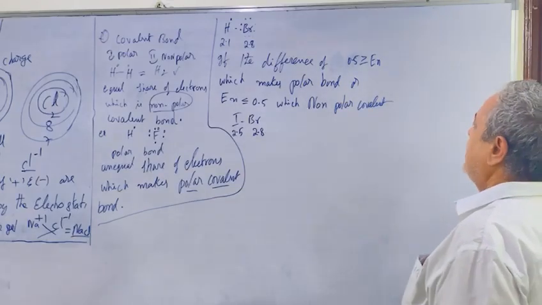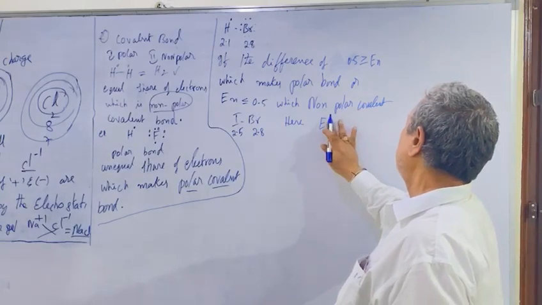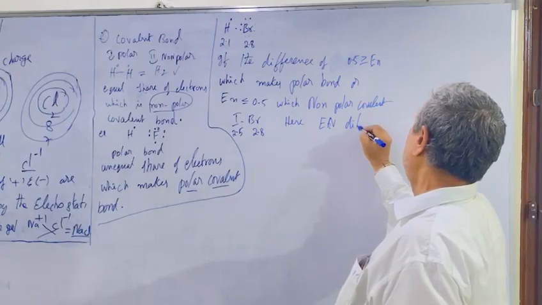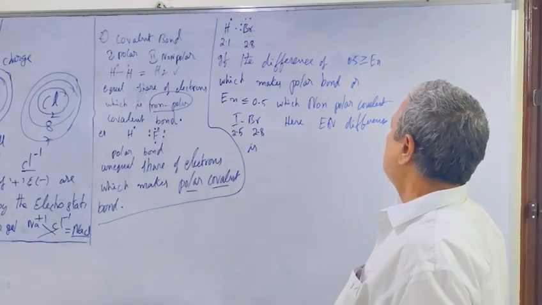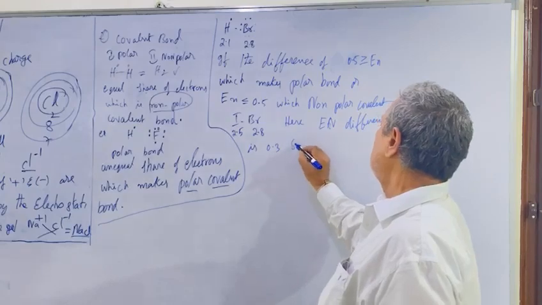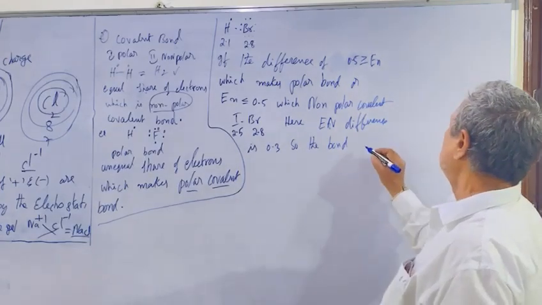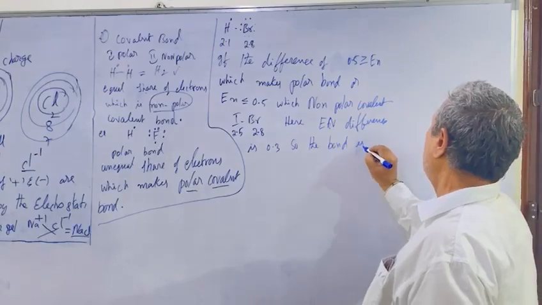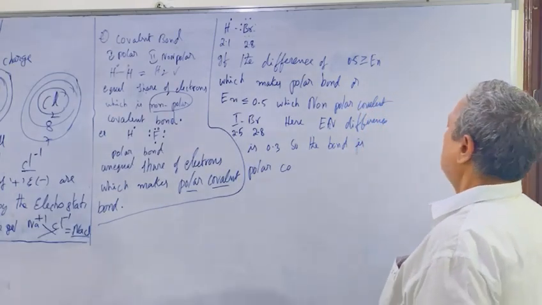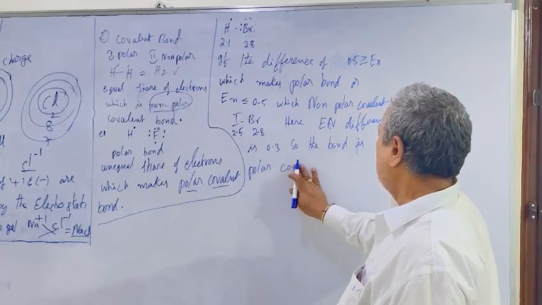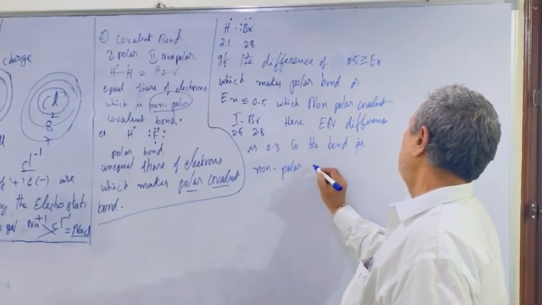Here the electronegativity difference is 0.3. So the difference is below 0.5, and the bond is a non-polar covalent bond.